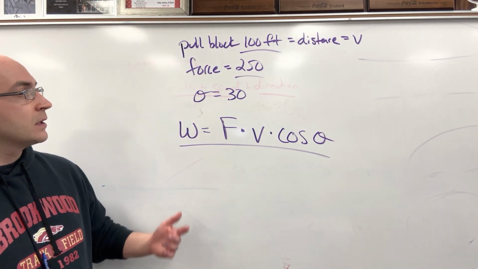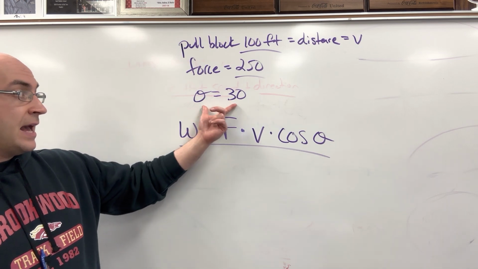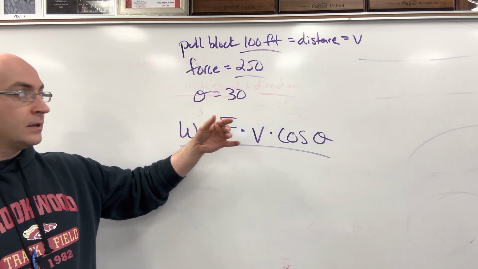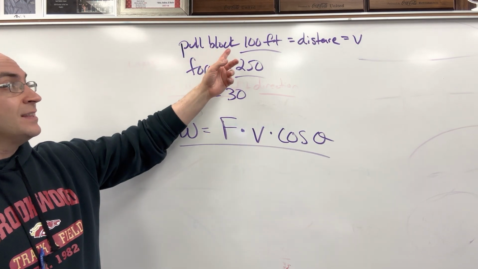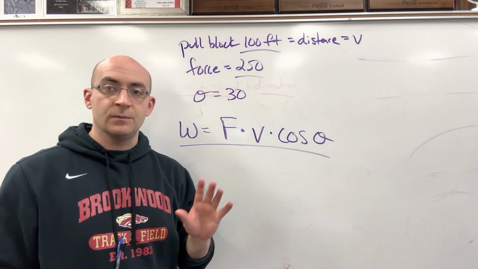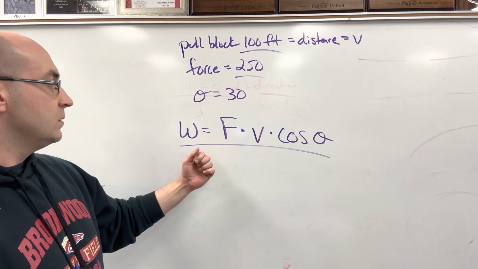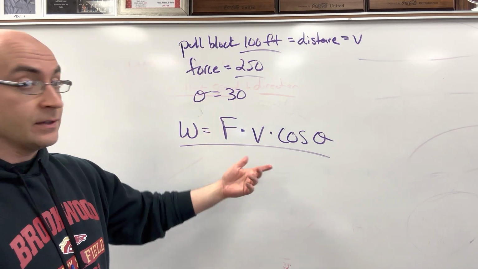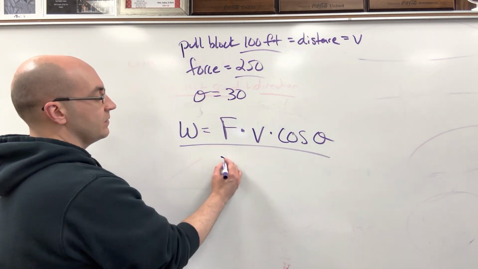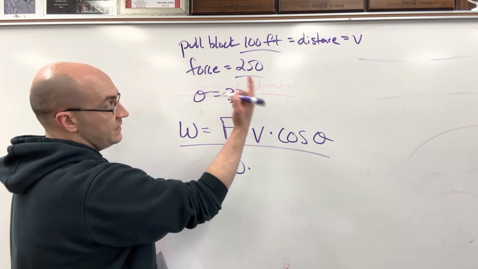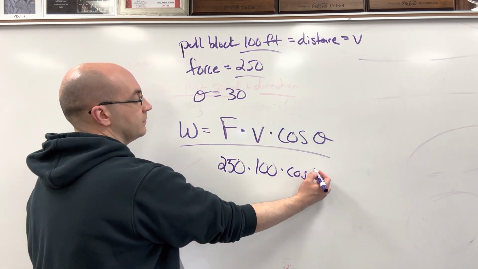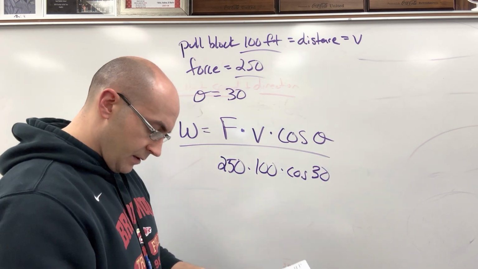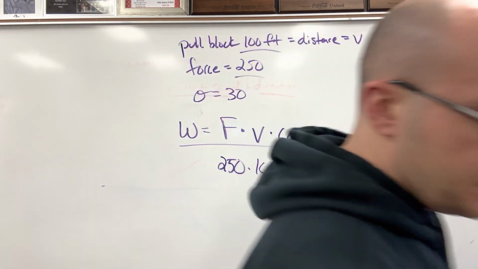To find work, you need three things: the angle that it's being pulled up or down or dragged, the force that's exerted, and the distance, which is called displacement, which is V. We're just going to multiply all these three numbers together. Force was 250, the V, which is distance, is 100, and we're going to do cosine of 30. I had done that, I think. No, I didn't, okay.